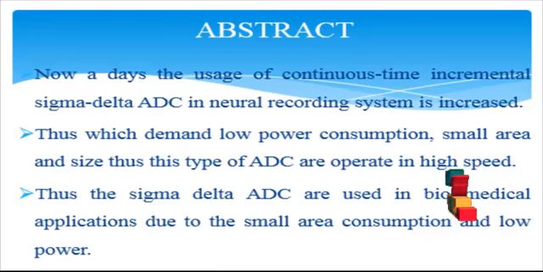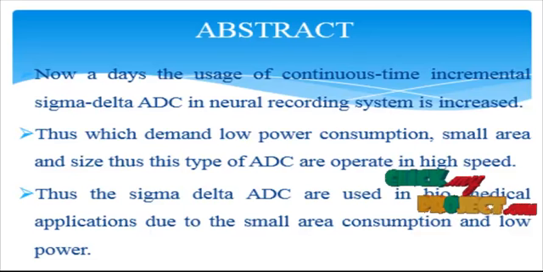In such systems, the analog to digital converter is an important building block that has a dominant impact on the speed and resolution. Successive approximation register ADCs, which feature medium resolution and excellent power efficiency, are useful in state-of-the-art neural recording systems. However, they impose strained requirements on the front-end circuitry.